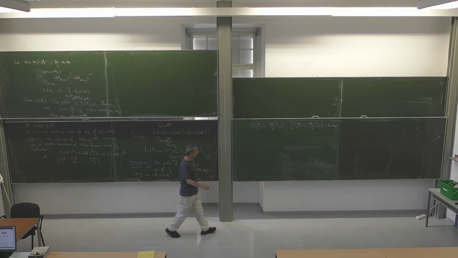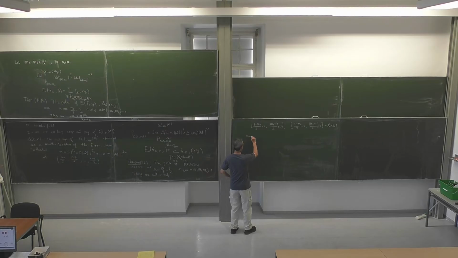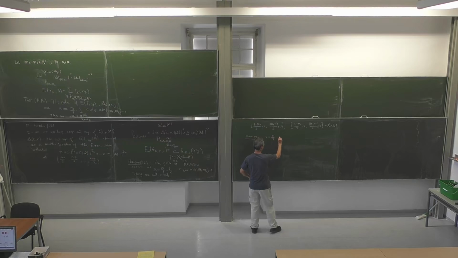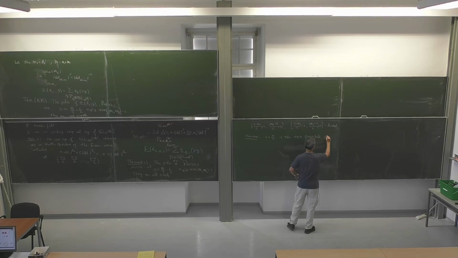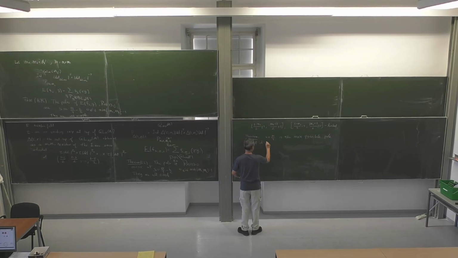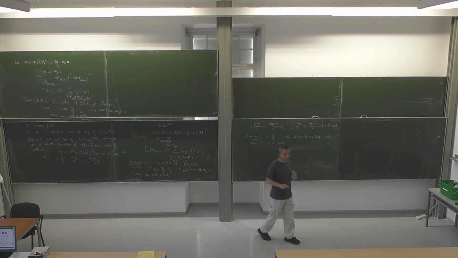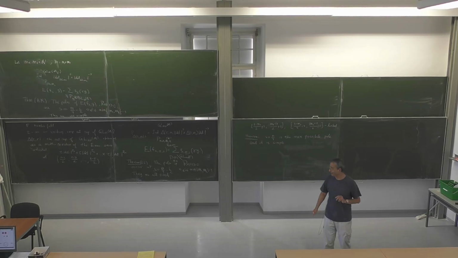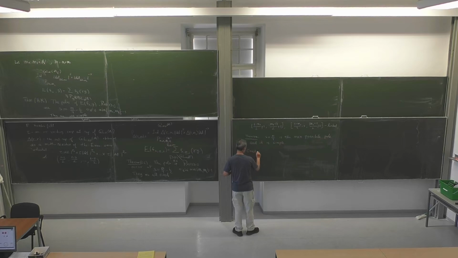The first theorem that we proved is that S equals M over 4 is the maximal possible pole, and it is simple. This is relatively easy, and it works by analyzing the constant term along the parabolic where the representation is concentrated.